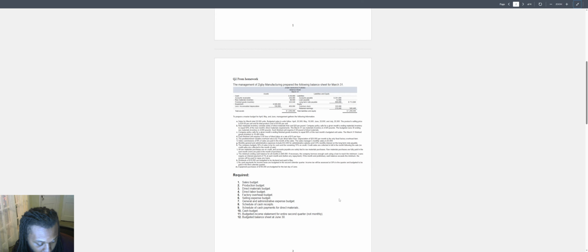I'm going to start giving the equations now so that we learn and understand how we got these numbers. Okay. So, as I mentioned previously, the general and administrative expense budget ended up being 49,500.